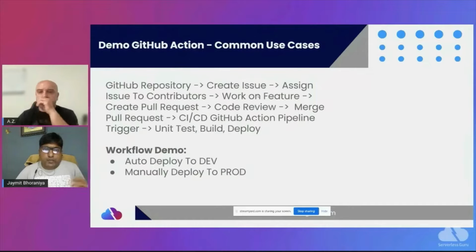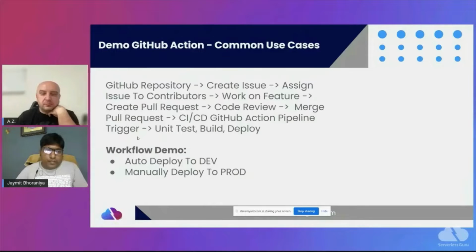As soon as we are working on some new feature, we will create a feature branch from the main branch, and as soon as we are done with that work, we will create a pull request into the develop branch, and we have some code review, and then if everything is good, we will merge that pull request to the develop branch. So it will auto trigger the CI/CD GitHub Actions pipeline, and that GitHub Actions pipeline workflow will do unit test, build, and deploy.